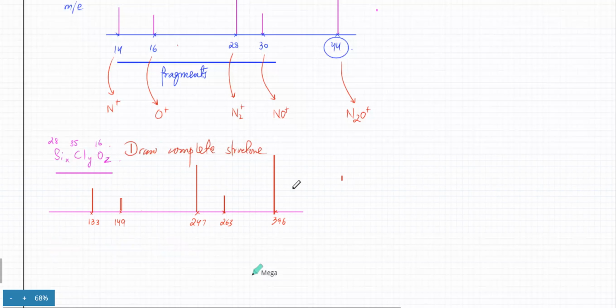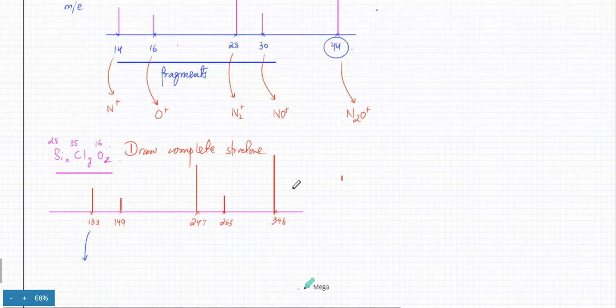So you're going to draw the complete structure. As a first thing, start from the smallest. Try and figure out what this is. 133. The original molecule is silicon, chlorine, and oxygen. So what could 133 be? What is that fragment that would have a mass of 133? What combination of silicon, chlorine, and oxygen can give you 133?